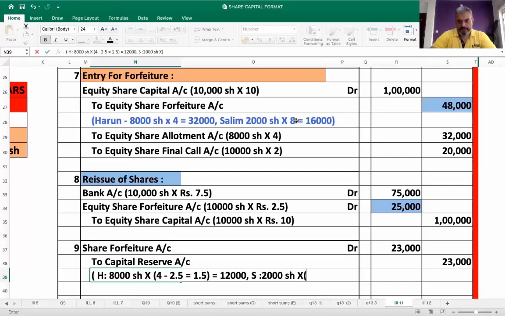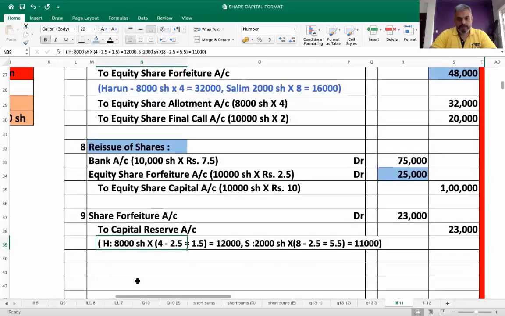You can see over here 8 rupees and you gave a discount of 2.5, which is equal to 5.5, which is equal to 5.5 into 2,000, 11,000. So you total 11,000 plus 12,000, that comes to 23,000.